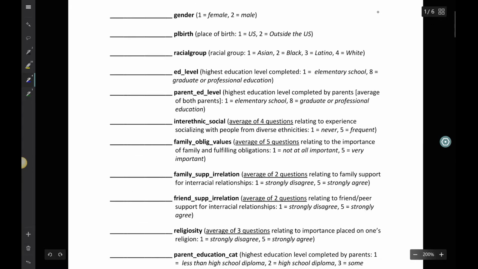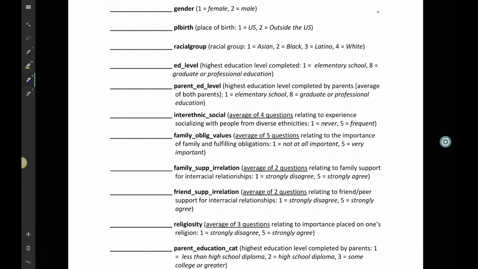Ed level, which is the highest education level that the person completed, from 1 being elementary school all the way up to 8 being graduate or professional education. The parent education level, so this would be, if you read carefully, the average of the highest education level for both of the parents. Here, interethnic social, which is the average of 4 questions.